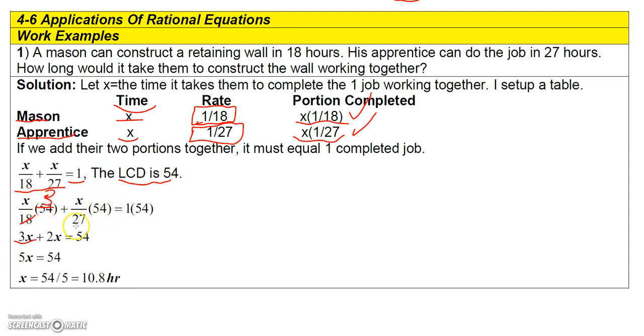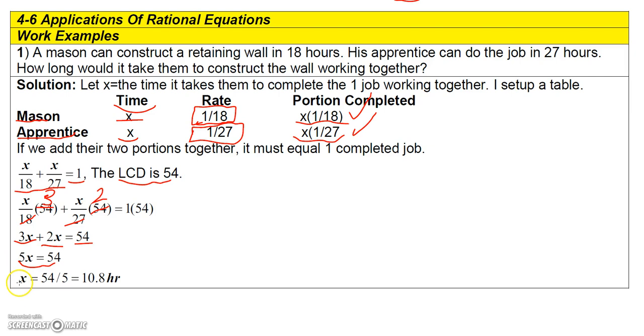And then X over 27 times 54, well, 27 goes into 54 2 times, so X times 2 would be 2X. And then multiply 1 times 54, we get 54. Now, add these together, you get 5X equals 54.